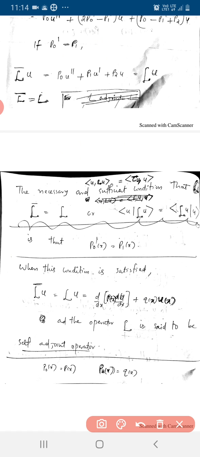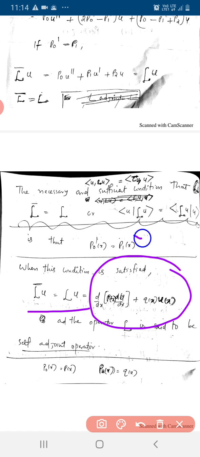So we say L adjoint is equal to L, where L adjoint is as we defined. We have seen the definition of L adjoint. L adjoint U is equal to LU, and your differential equation can be written in this form, and the operator is said to be self-adjoint. So here P0 of x is P of x, and P2 of x is the Q of x.